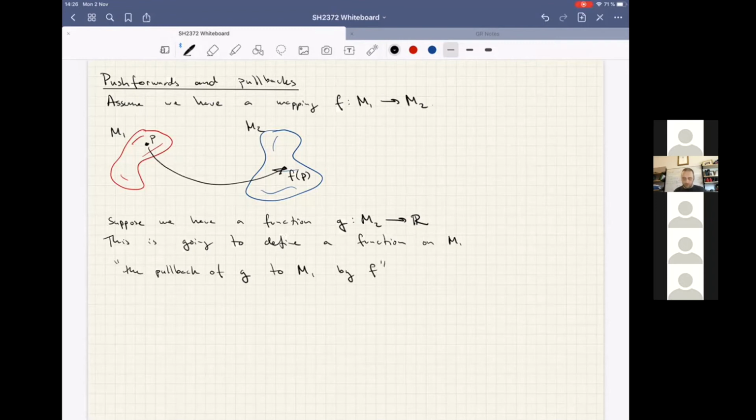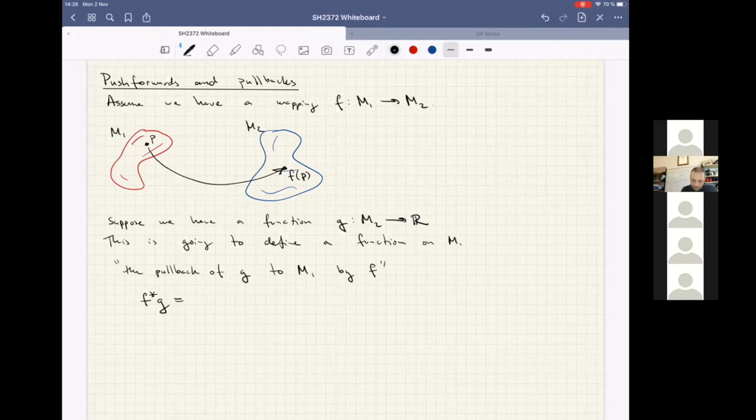And we're going to denote this by f and then a superindex star acting on g. And it's going to be defined as the composition of f and g.